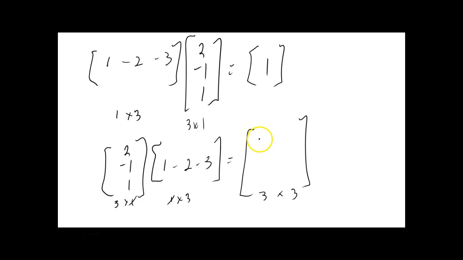That would be, right, so row 1, column 1 would be 2. Row 2, column 1. -4. Which are you doing? Column 2, row 1. Okay, row 1, column 2.